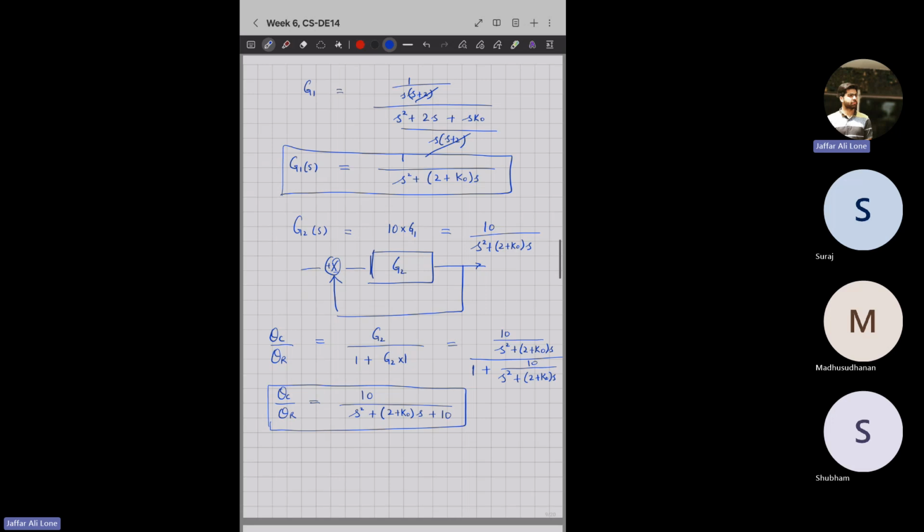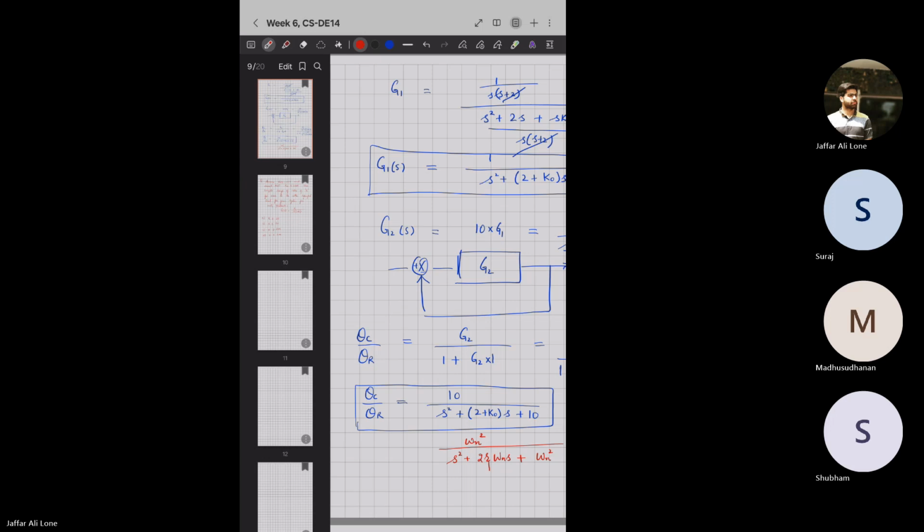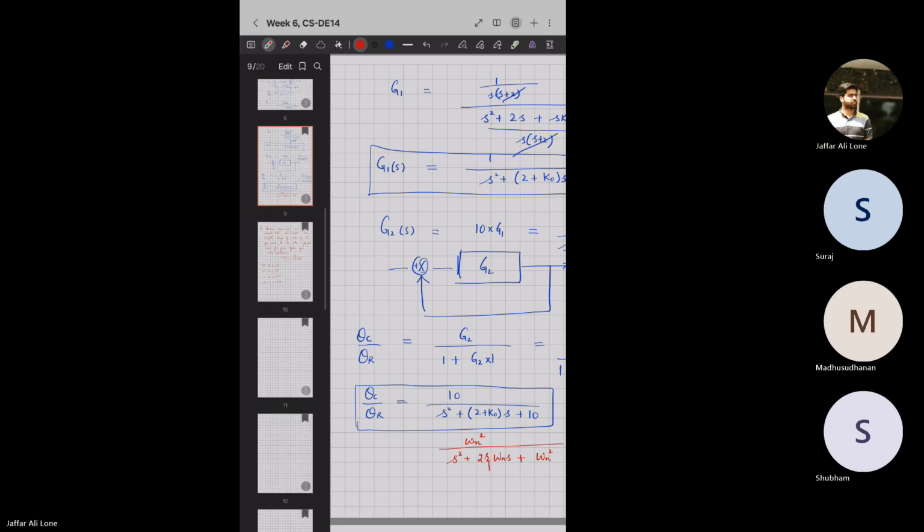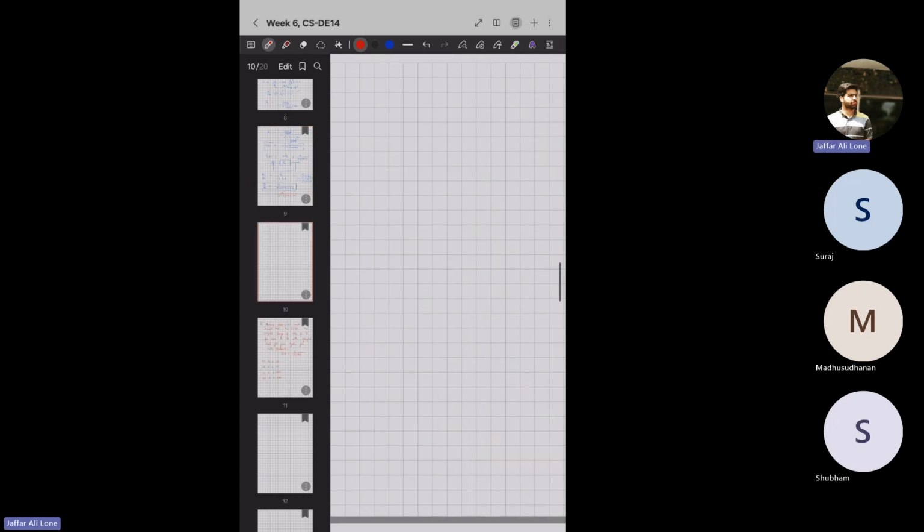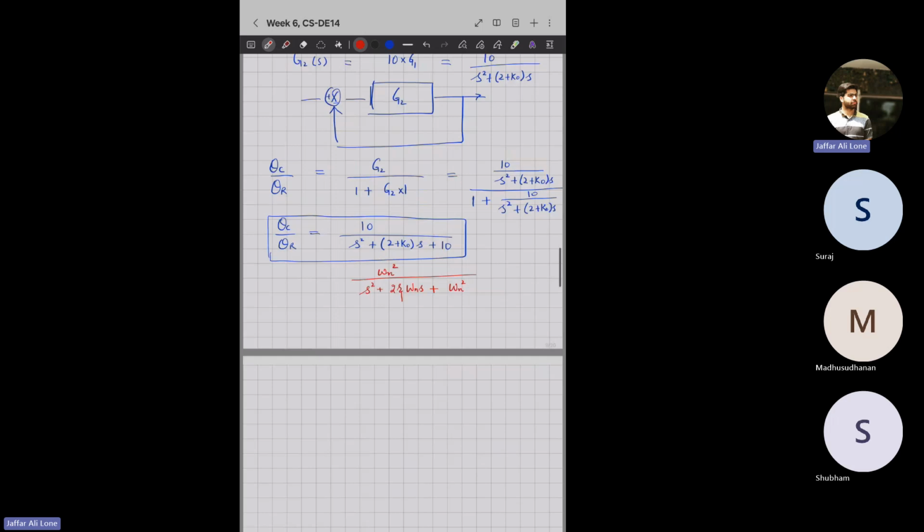Now you also know for a second order system, the transfer function is omega n square divided by s square plus 2 zeta omega n s plus omega n square. Okay, so this is my second order system. So now let's compare.